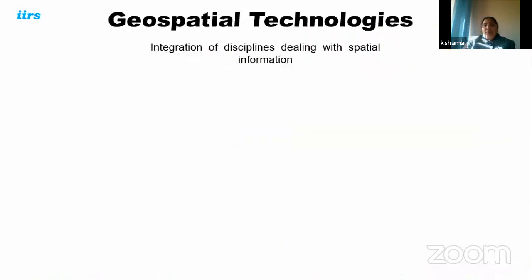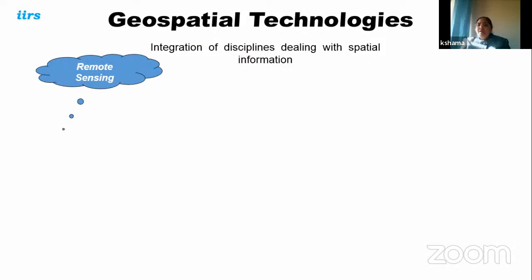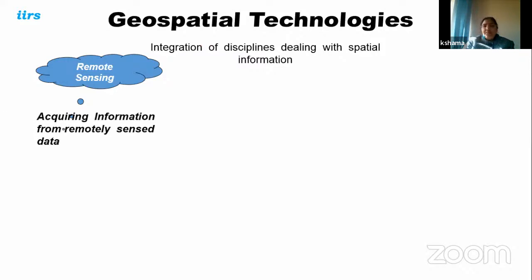If you talk about geospatial technologies, it is basically an integration of three major technologies. It is a discipline which deals with spatial information. The first is remote sensing, where you are acquiring information from remotely sensed data.